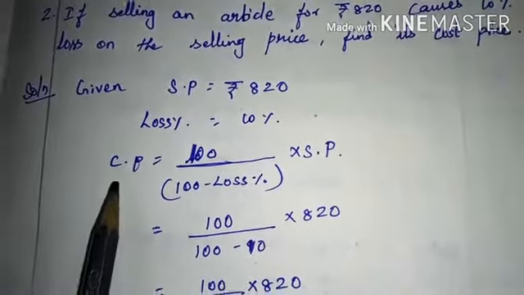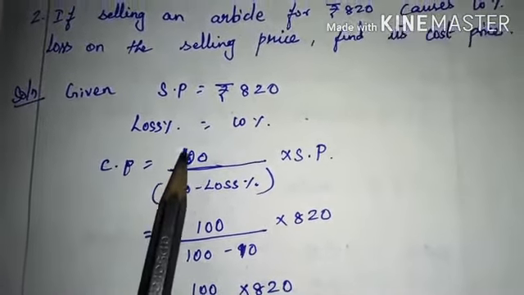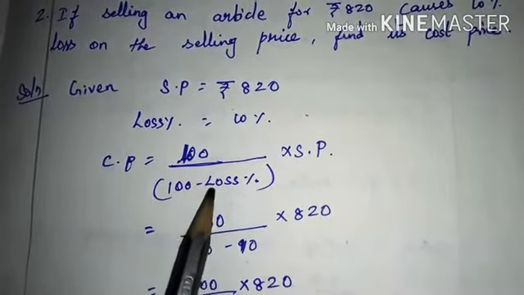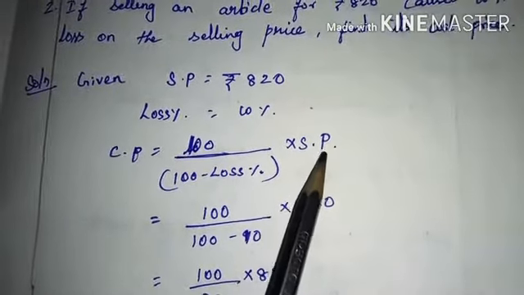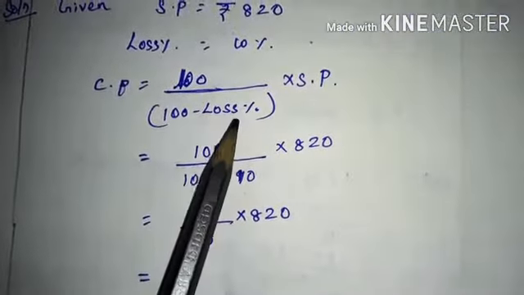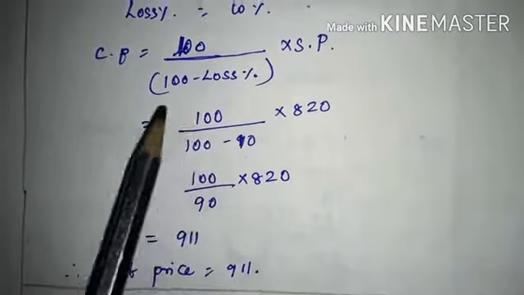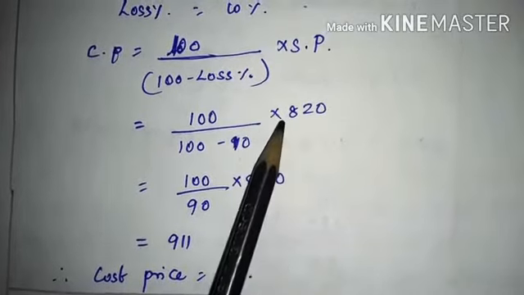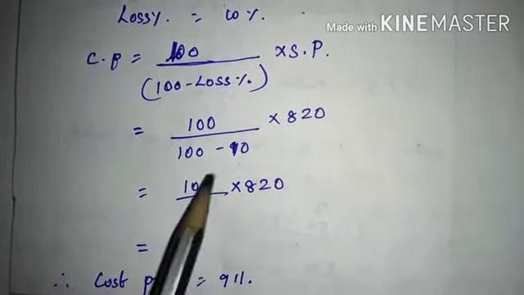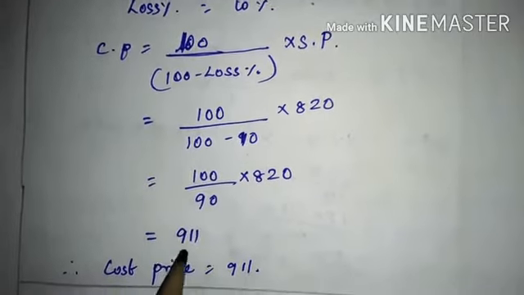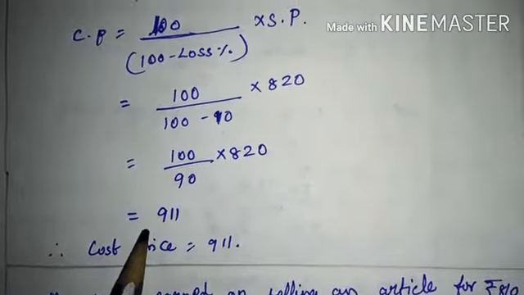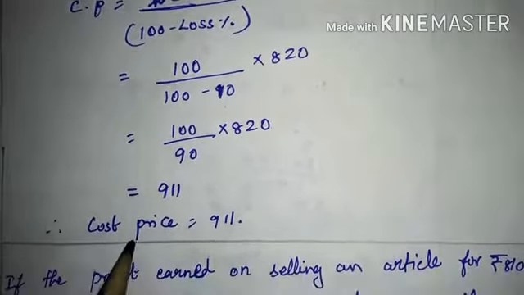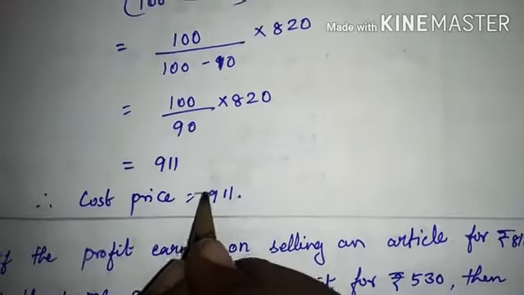For that, we use the formula cost price equals 100 by 100 minus loss percent into SP. Since loss percent is given, we use the loss percent formula. Then 100 by 100 minus 10 into the SP, which is 820. After substituting, we get the approximate answer as 911. Therefore, the cost price is rupees 911.